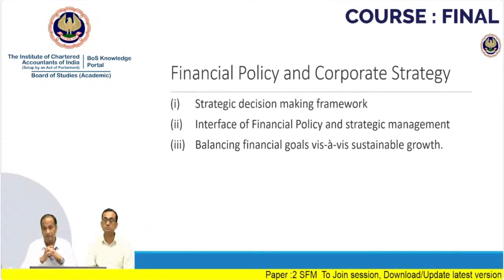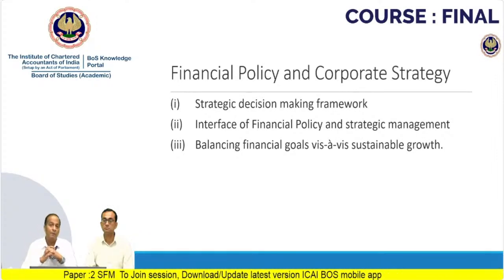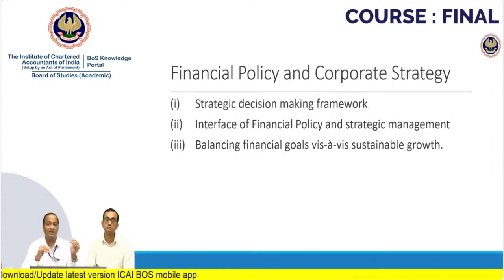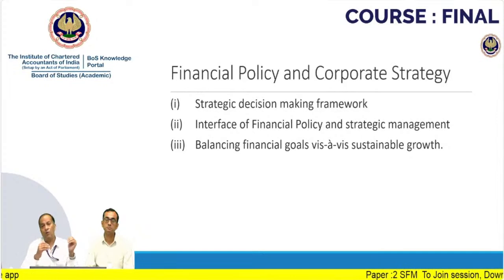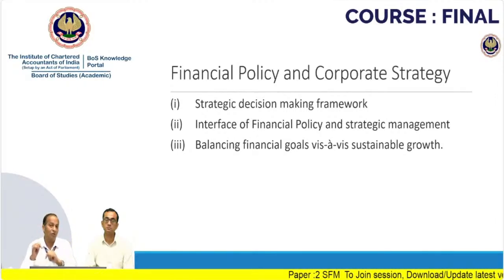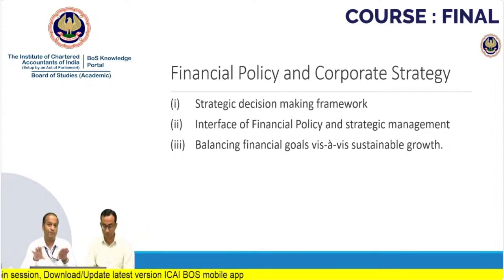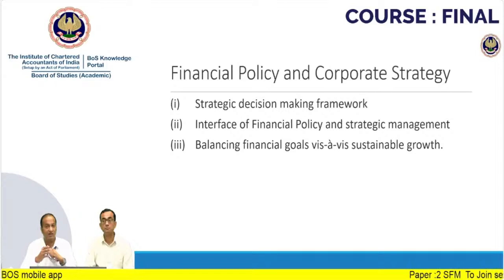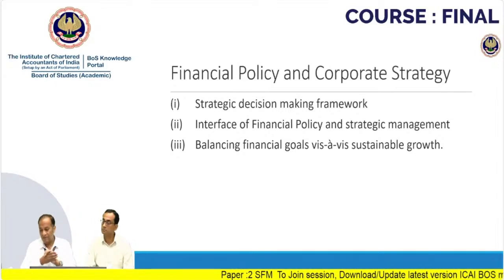Working capital means current assets minus current liabilities. Our debtors plus cash plus inventory come under the current assets head, and accounts payable come under the current liabilities head. Accordingly, we have to see how much investment we have to make and what decisions have to be taken. Now, next is our dividend decision.